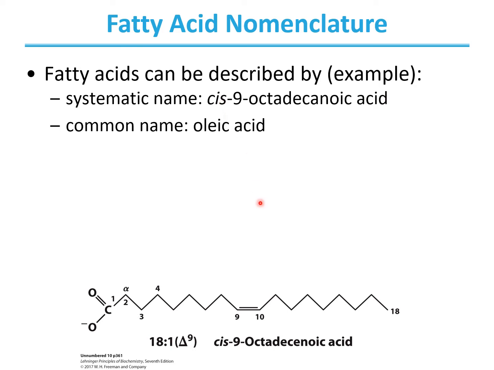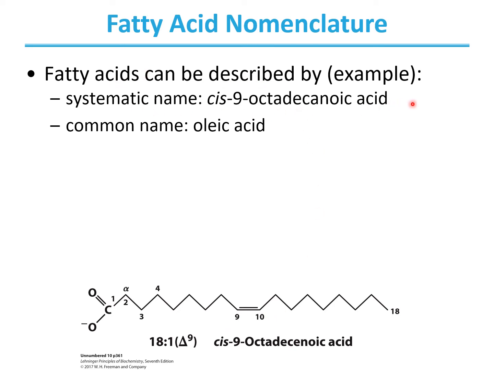Cis, because there is one double bond here at position 9, counting carbons from the carboxyl group. So this is carbon number 1, and here at carbon number 9 we have a double bond. It is in the cis conformation, so you would have hydrogens on the same side if they were marked.